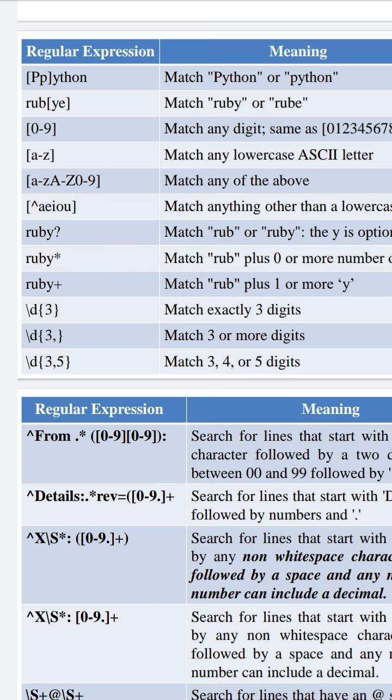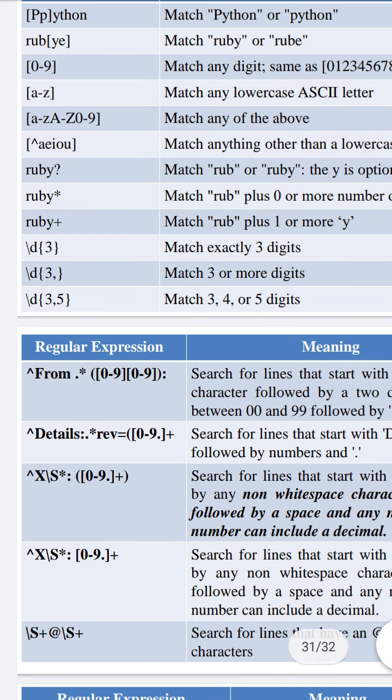Similarly, by writing RUB in a square bracket followed by y or e, it may match Ruby or Rube. 0 to 9 matches any digit, or equivalently we can write 0, 1, 2, 3, 4, 5, 6, 7, 8, 9 in a square bracket.